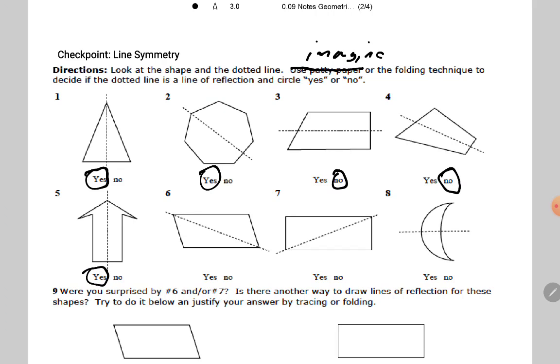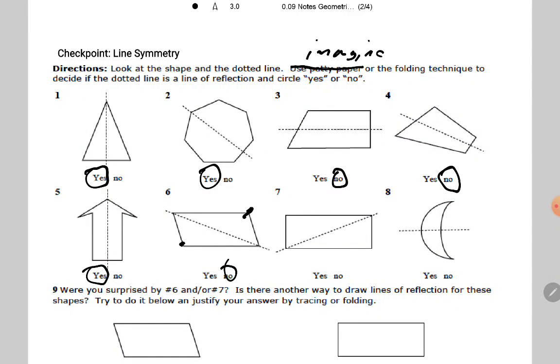Number 6, you can do this on a sheet of paper, but when you fold it, this corner will not be in that corner when you fold it over. Same thing here. Actually, this one should be yes, I believe. Take a sheet of paper. Just making sure myself. Let's pause the video really quick. Okay, I just checked.